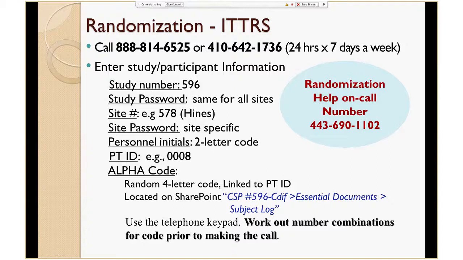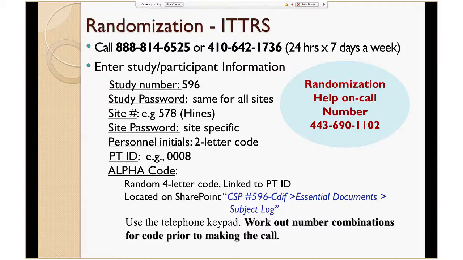Then it's going to ask you for your study password, which is the same for all sites. Then it'll ask you to enter your unique site ID, and you're also going to get a site password that you'll have to enter as well. And then it's going to ask you for your initials, which are 2-character initials, and I'll go into details later about how you can enter initials when you have a number keypad, how each number represents a different letter.